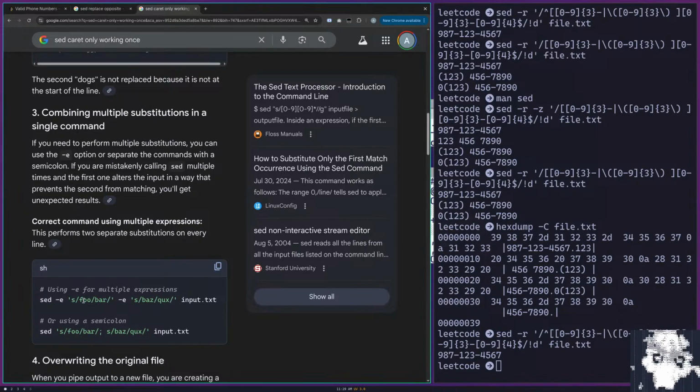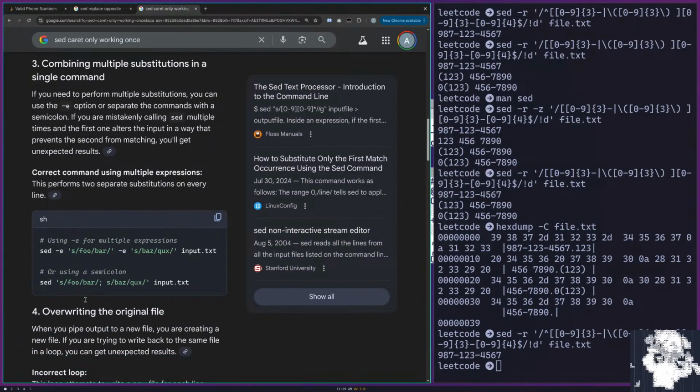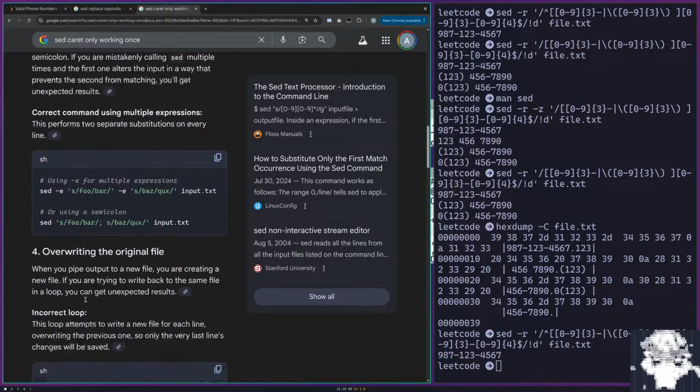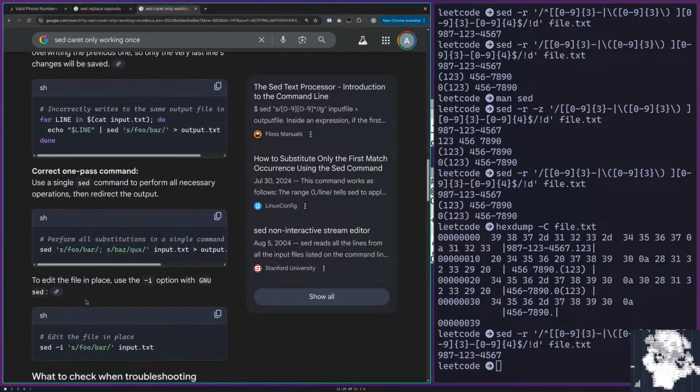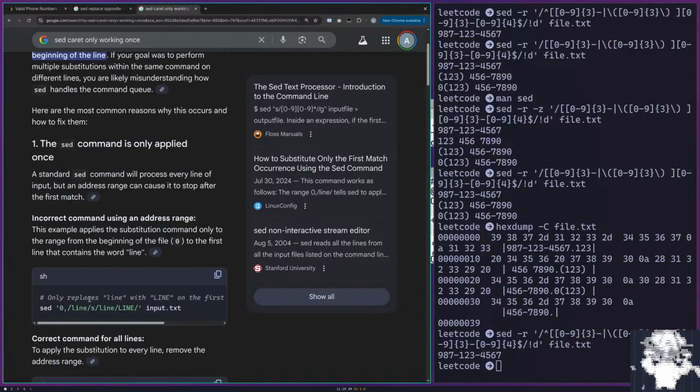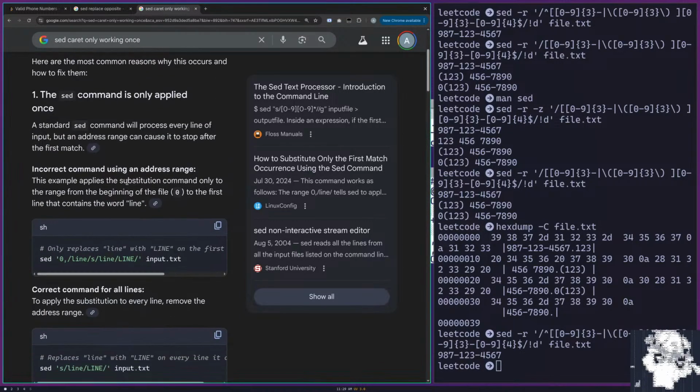I don't have multiple expressions. I'm not overwriting a file. I don't have a 0 at the beginning.